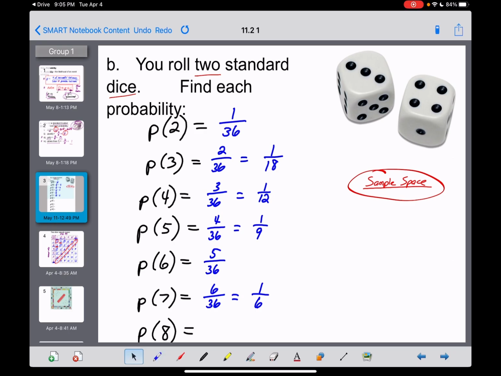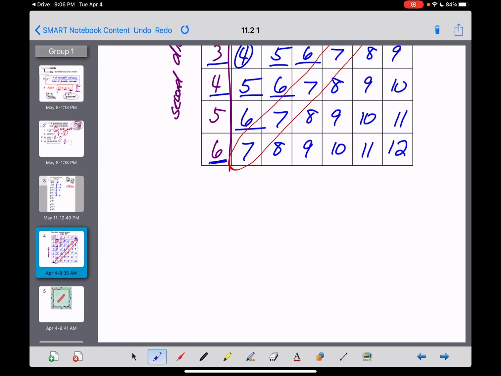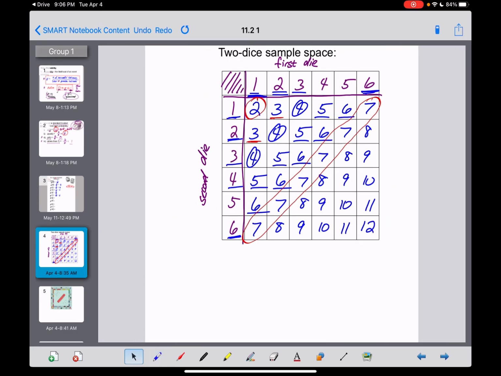But now something interesting starts to happen right here. You might look at this pattern and think that the probability of rolling an 8 is going to be 7 out of 36. But now as I start looking for 8s, I see 1, 2, 3, 4, 5. I got through the major diagonal of this table, and now I'm over here into this smaller corner.